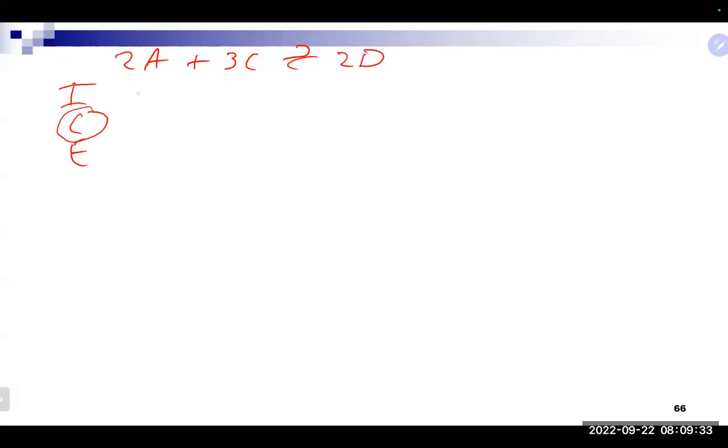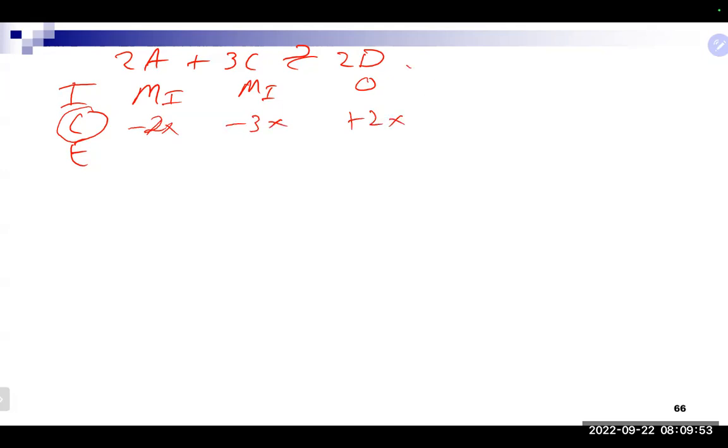And again, a lot of times you will have the initial molarity of each of the reactants, and a good number of times you maybe won't have anything for products. So remember, we could always assume 0 to start with. We got our minus 2x and our minus 3x and our plus 2x.